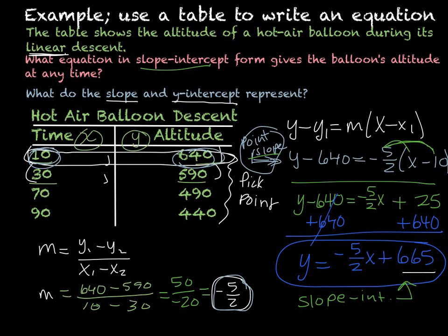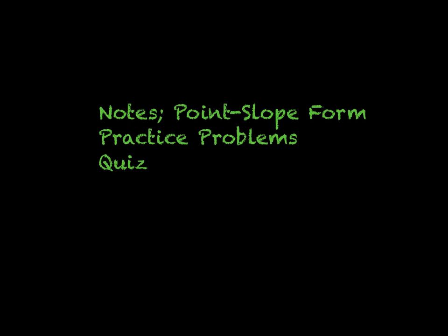That's what slope and intercept represent. So those are your notes over point slope form. Go over the practice problems, and then you should be ready for the quiz over this material. Make sure you actually do some of the practice problems, because this is kind of confusing if you are just learning how to do this.